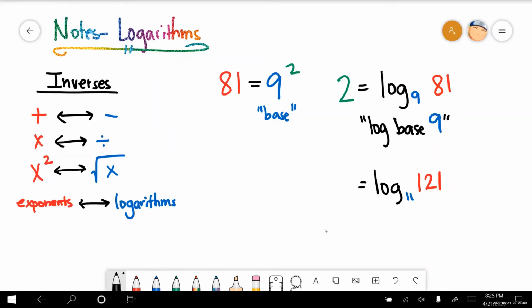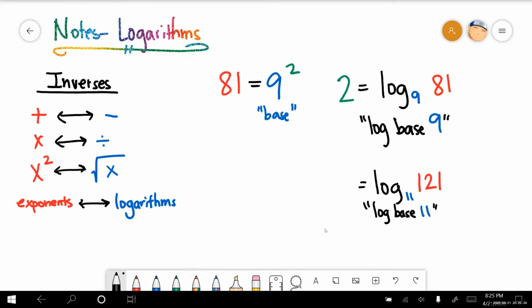Right, so again, what are we asking? We've got log base 11 here, first of all, just to keep with learning how to say these things. Log base 11 of 121.